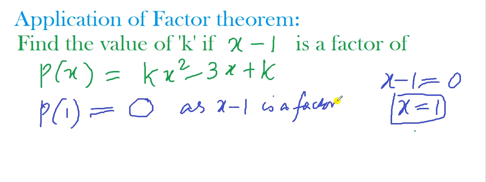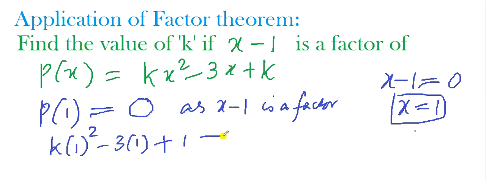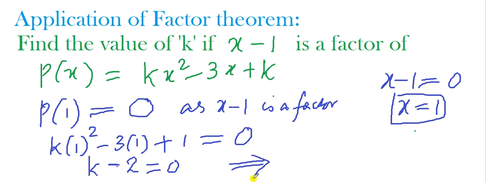Now we start substituting k times 1 square minus 3 times 1 plus k, and equate it to 0, which will give me k minus 3 plus k gives me 2k minus 3 is equal to 0, which gives me k is equal to 3 over 2. So this is an application of the factor theorem.